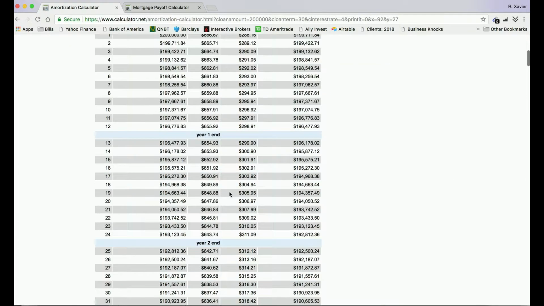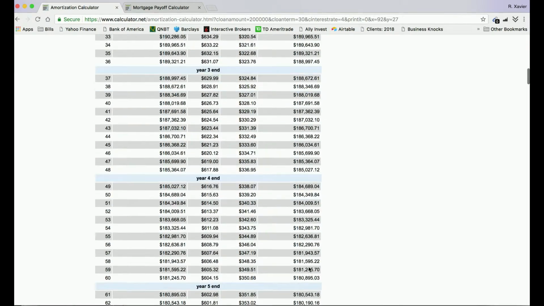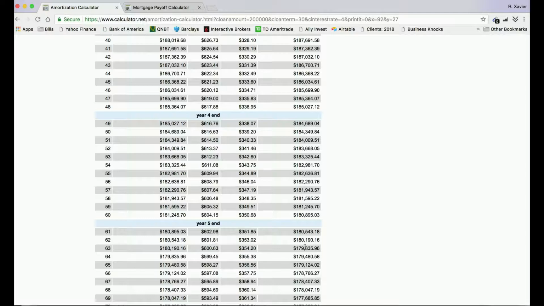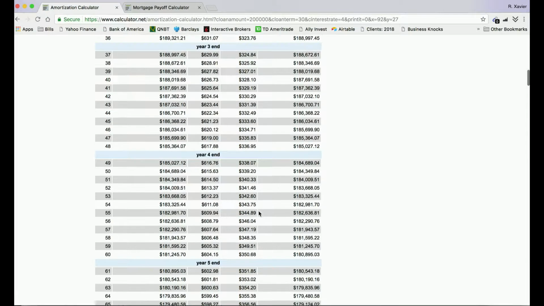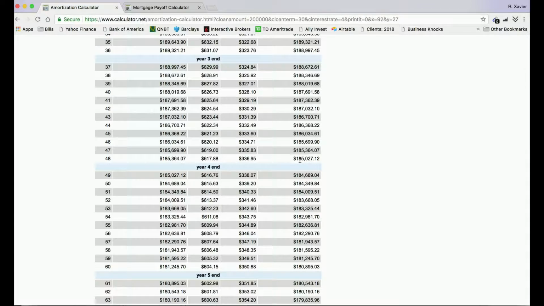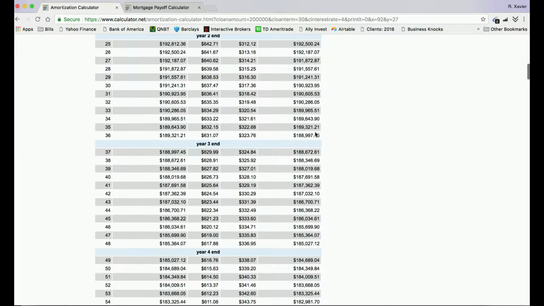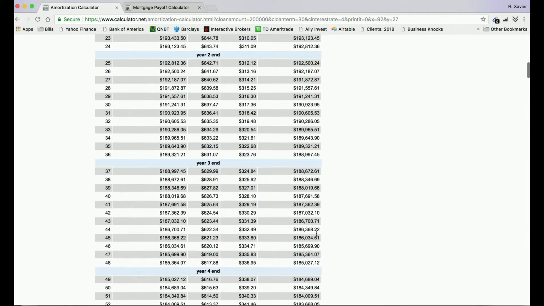This is your loan amount. Whatever the difference is between what you owe and what the house is then worth according to the market represents your equity. So after 4 years, you would have paid off a touch over 15 grand, plus whatever the house is worth. That would represent your equity.